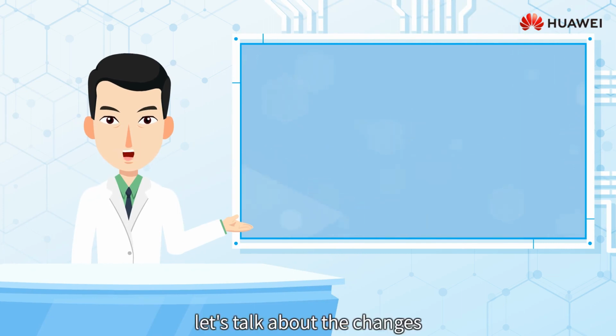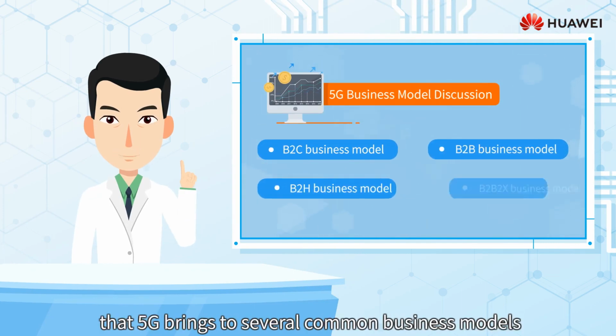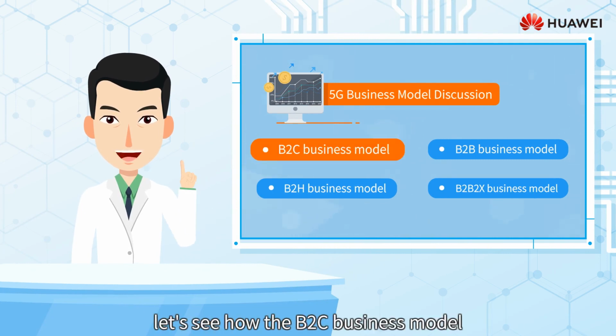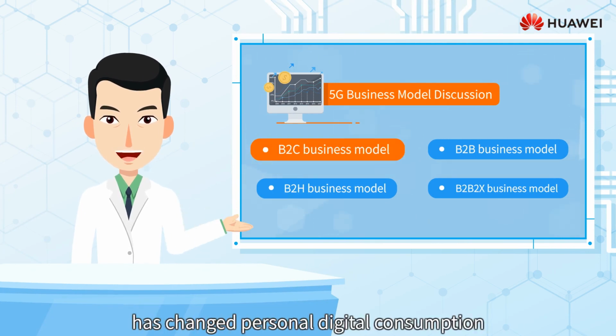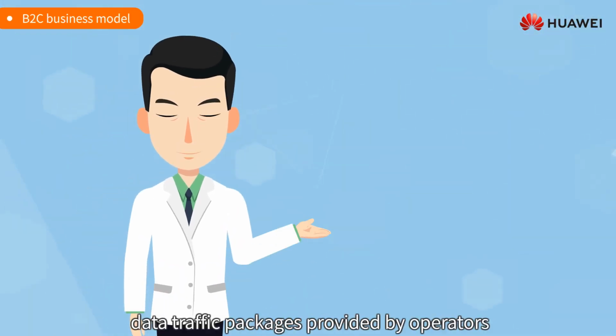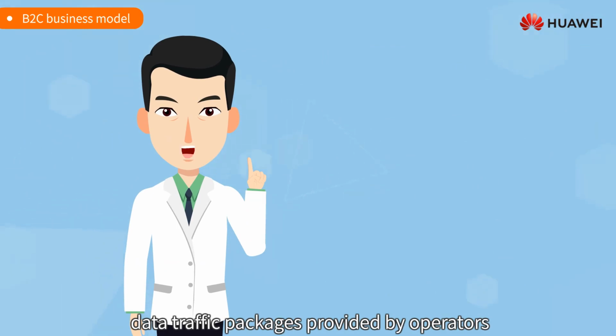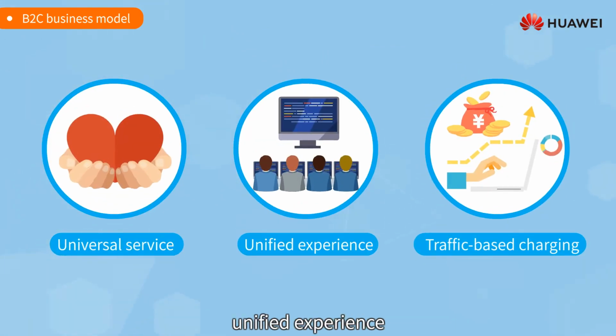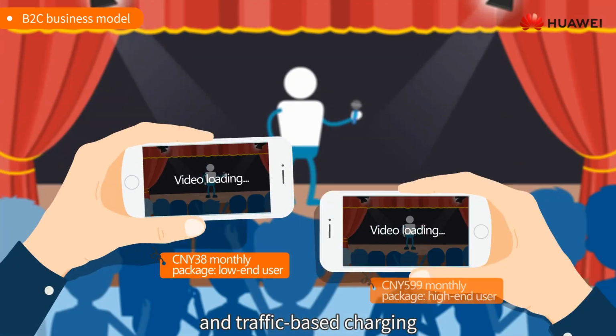Next, let's talk about the changes that 5G brings to several common business models. First, let's see how the B2C business model has changed personal digital consumption. In the 4G era, data traffic packages provided by operators can be characterized by universal services, unified experience, and traffic-based charging.